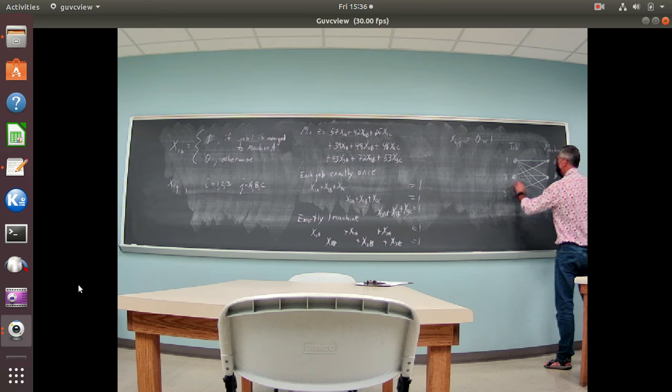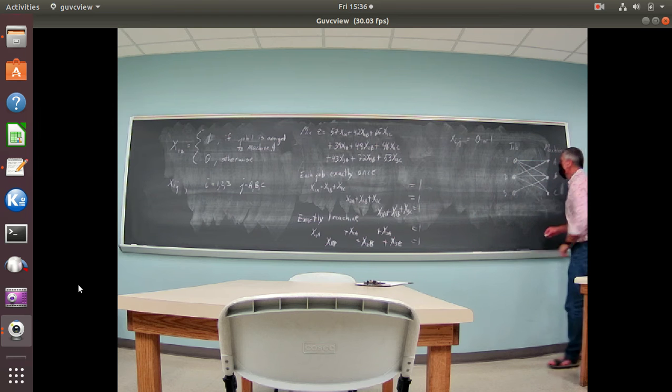Expanded the capacity of the company without any money. Okay, so yep, okay. So I could draw the relationship of this problem as a network. Here are the jobs, and which jobs can be done by which machines? All of them.